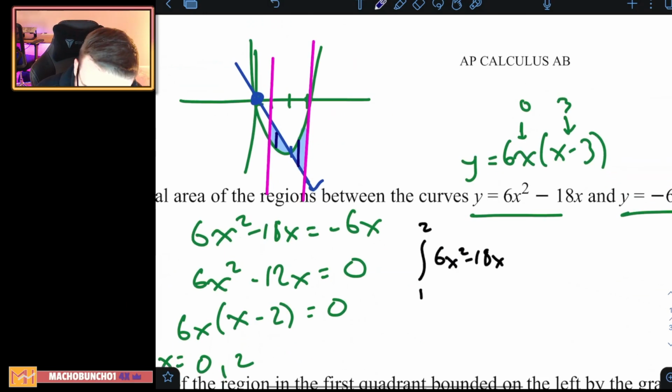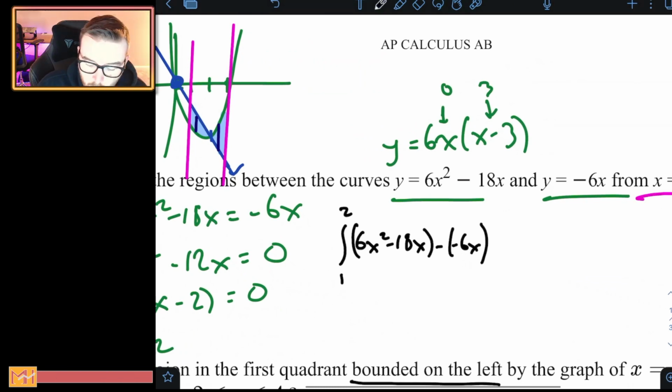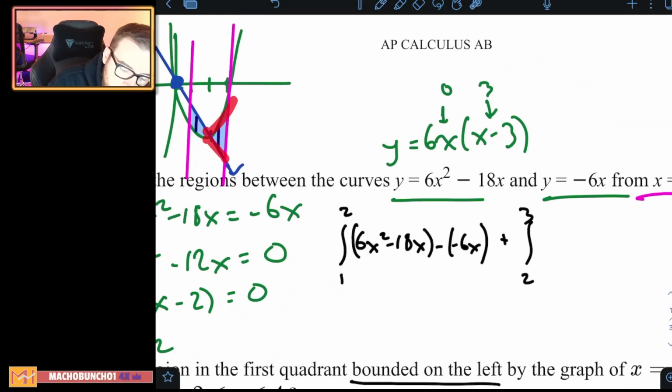So what I'm doing here is parabola minus line, from 1 to 2. And then I'm going to add that with the integral from 2 to 3. Now the line is lower, and I'm going to do line minus parabola.